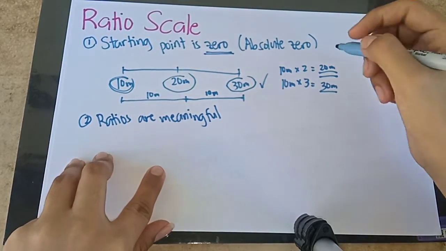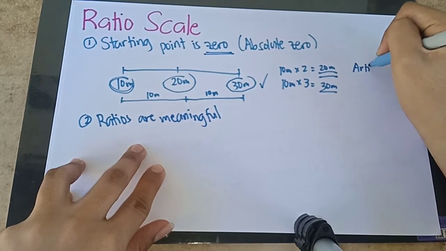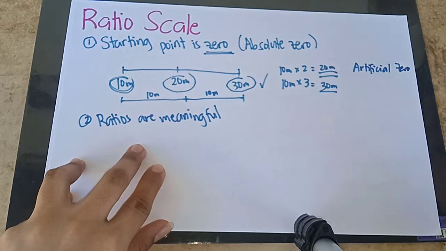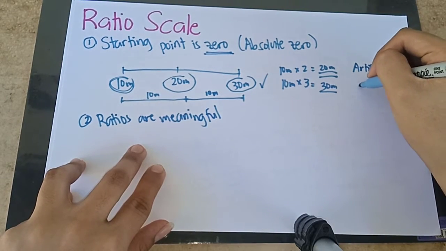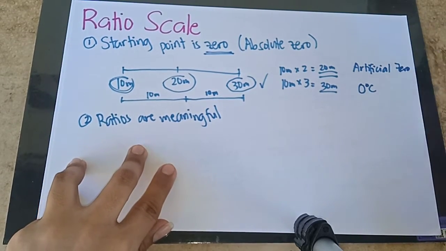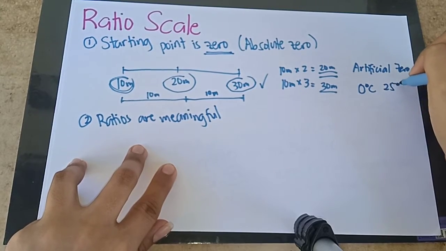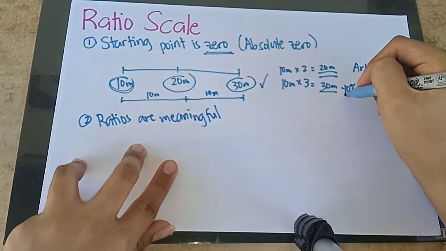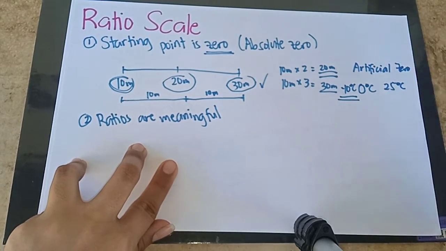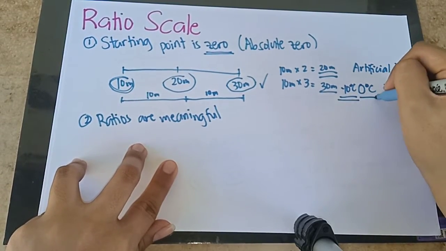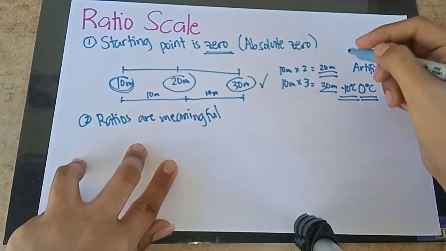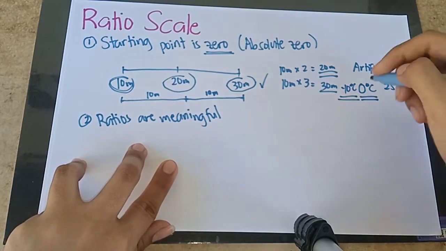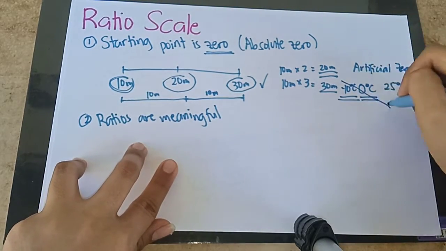If you use artificial 0, remember, the starting point is not 0. So let's take this example once more: 0 degrees Celsius, 25 degrees Celsius, and negative 10 degrees Celsius. Can we say that negative 10 degrees Celsius is colder than 0 degrees Celsius just because negative 10 degrees Celsius is 10 negative times more than 0 degrees Celsius? Of course, there is no such thing.